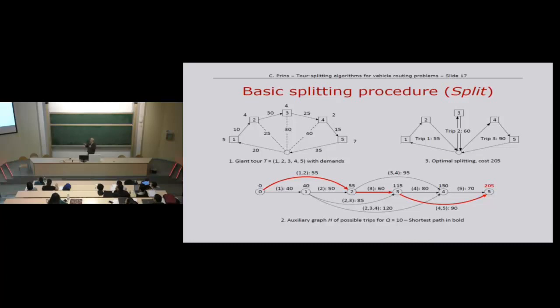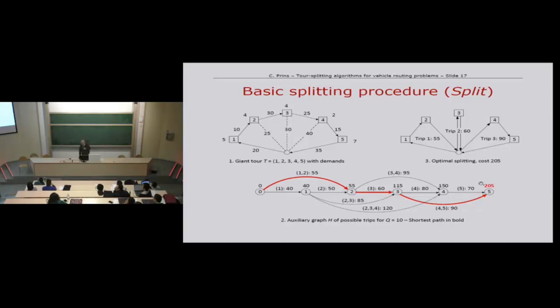We don't care because anyway our need is to split it. So how to cut optimally this giant tour? The demands are close to each node, and in this example we assume a capacity Q equal to 10.